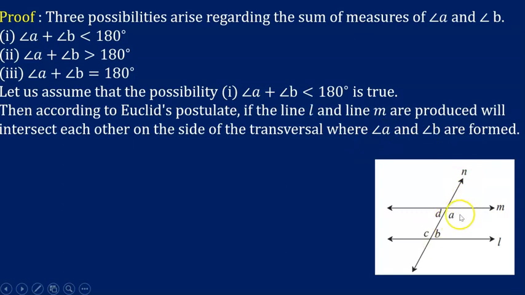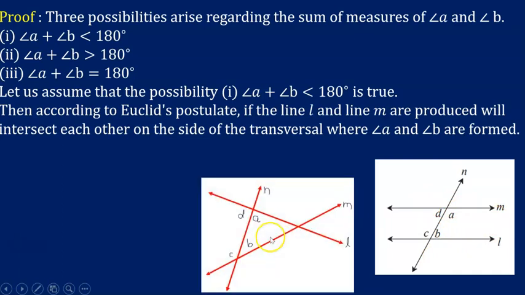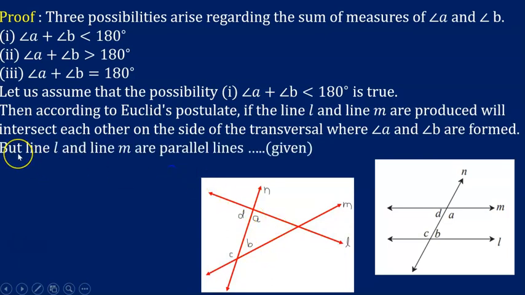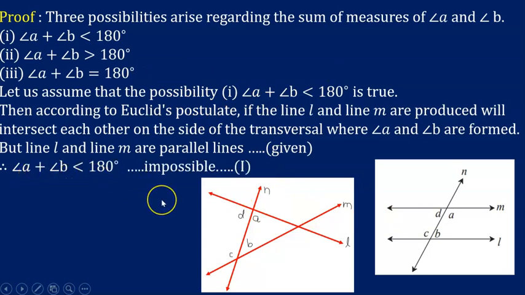See this figure: if we produce these two lines, they will intersect. But we have been given that line L and line M are parallel. Therefore, the measure of angle A plus the measure of angle B being less than 180 is impossible.